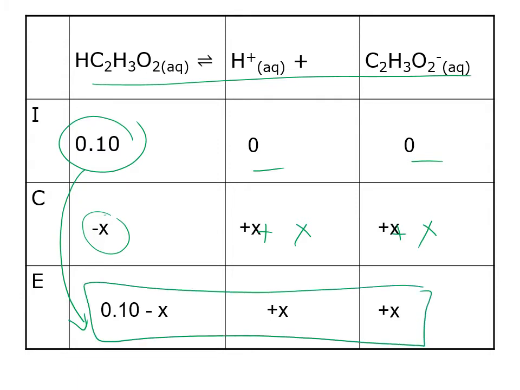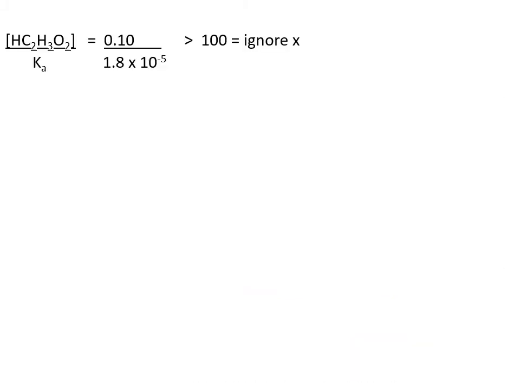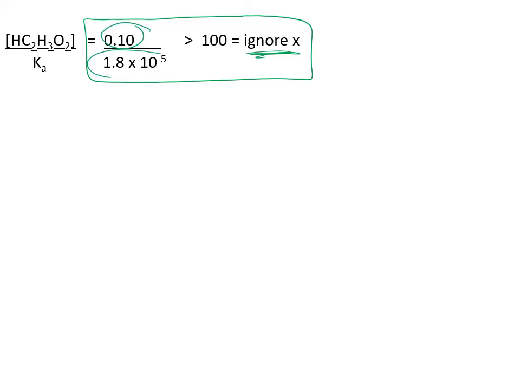So we can put those into our equilibrium expression with our Ka value, and we can solve for what x is. Now what I can do, and I'm going to do here, is use this 100 rule to see that I can ignore x. If my concentration is divided by the K value, I can get an idea of what sort of change we're going to be seeing.